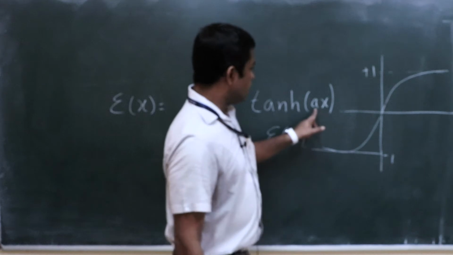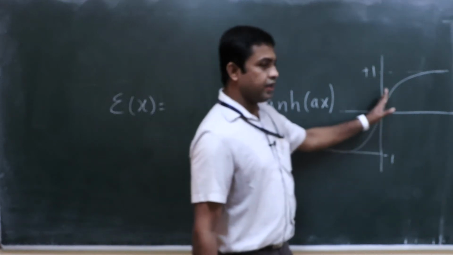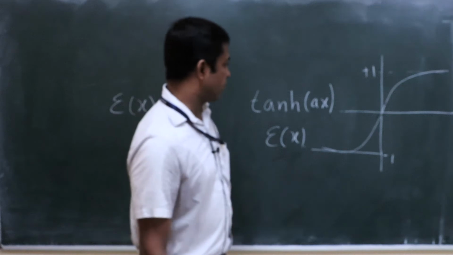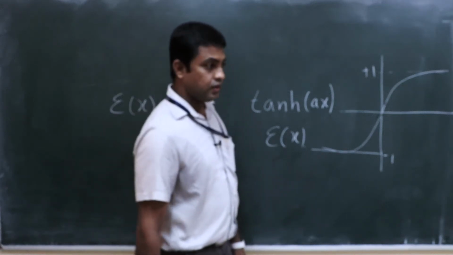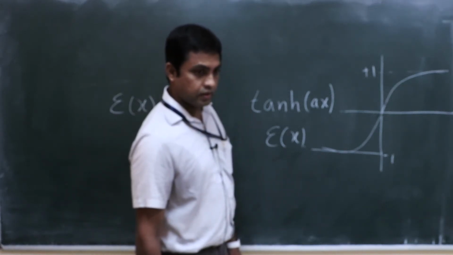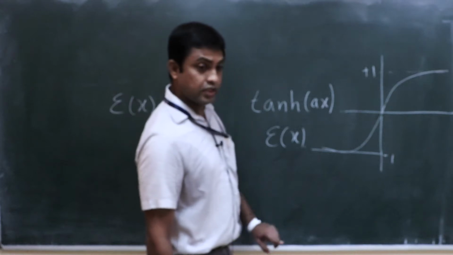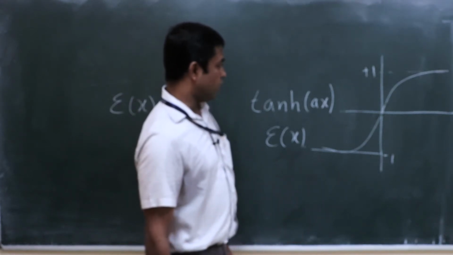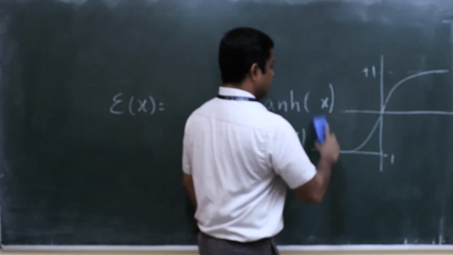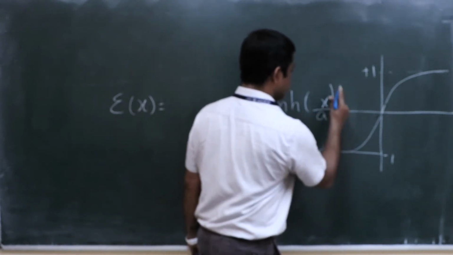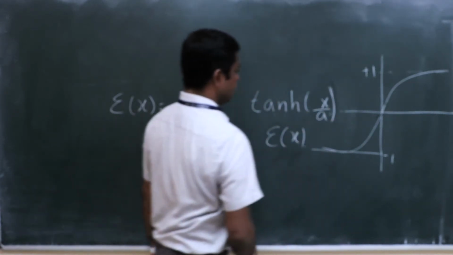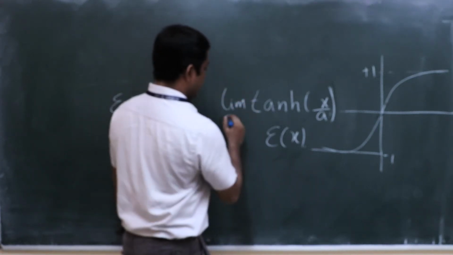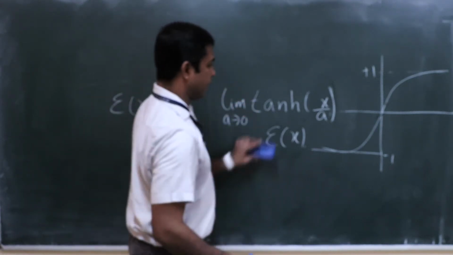Okay, so if a increases, whether slope increases or decreases? Increases. Okay, so if I put x divided by a, and take the limit a tends to 0, what happens?